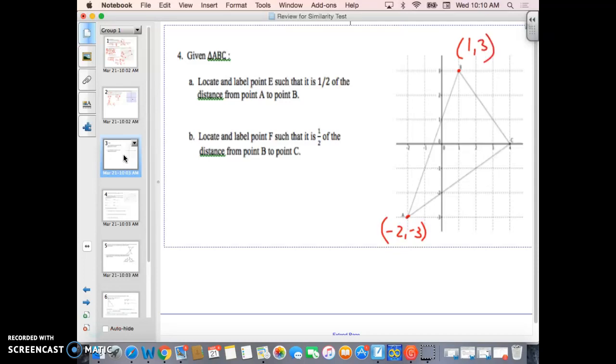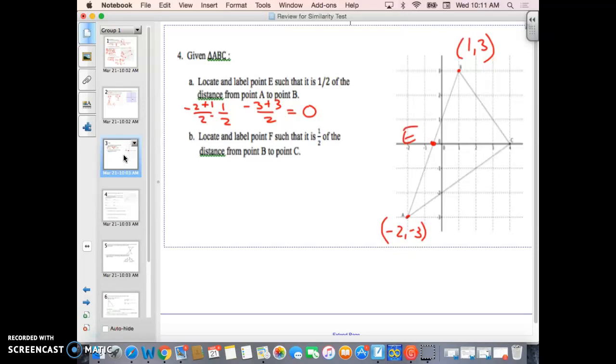And you do the exact same thing. So to find the midpoint, you just do -2 plus 1 divided by 2, and -3 plus 3 divided by 2. Well, this is -1/2, and this is 0. So it's going to be right here. And I'm going to label this point E.